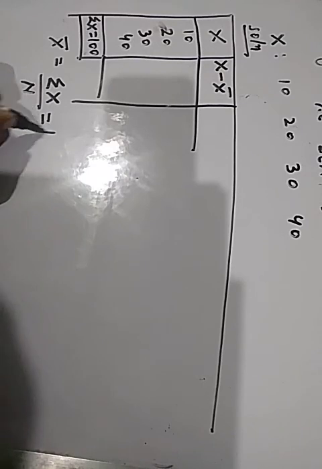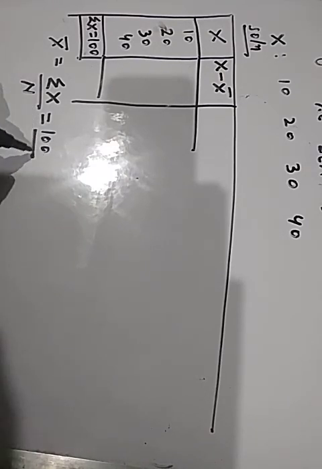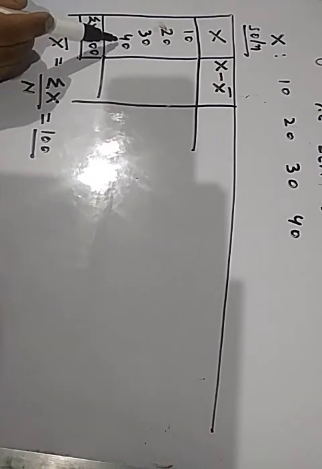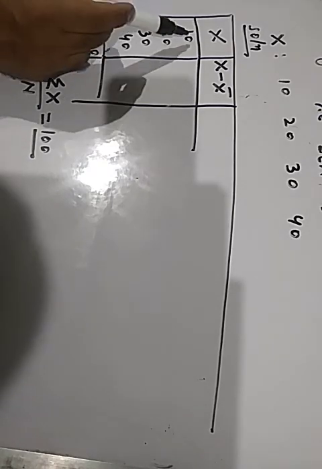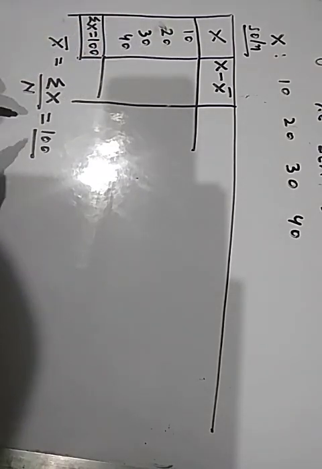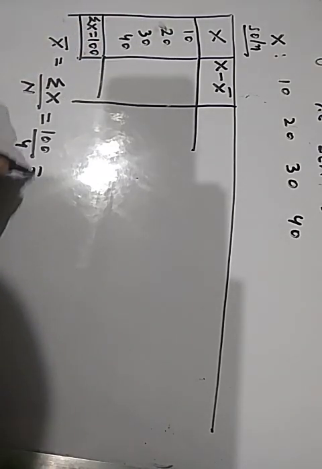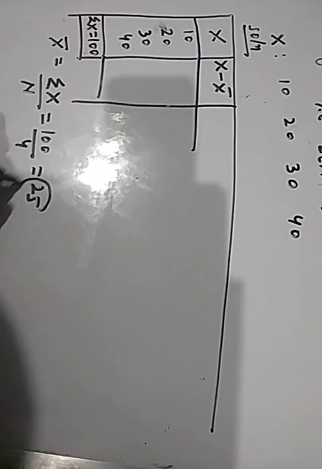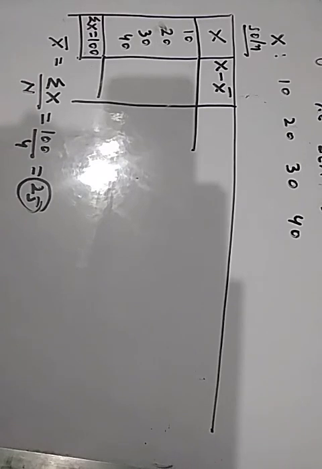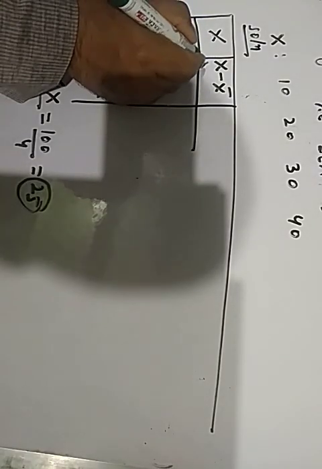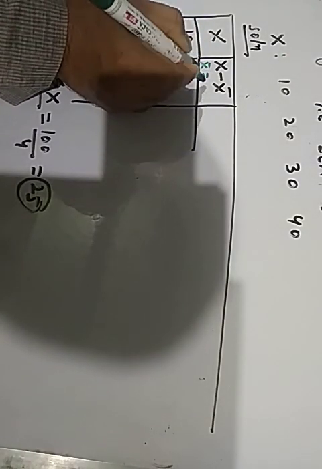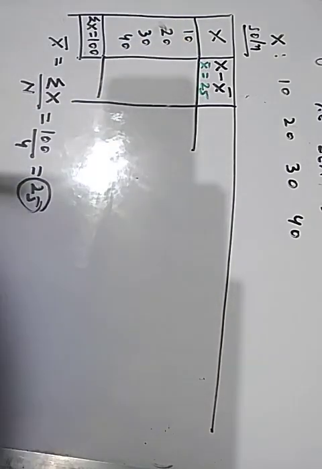Sigma x is equal to 100, and total number of observations in the given series are 1, 2, 3 and 4, and it will be equal to 25. Therefore, x bar is equal to 25. That is, arithmetic mean of this data is 25.